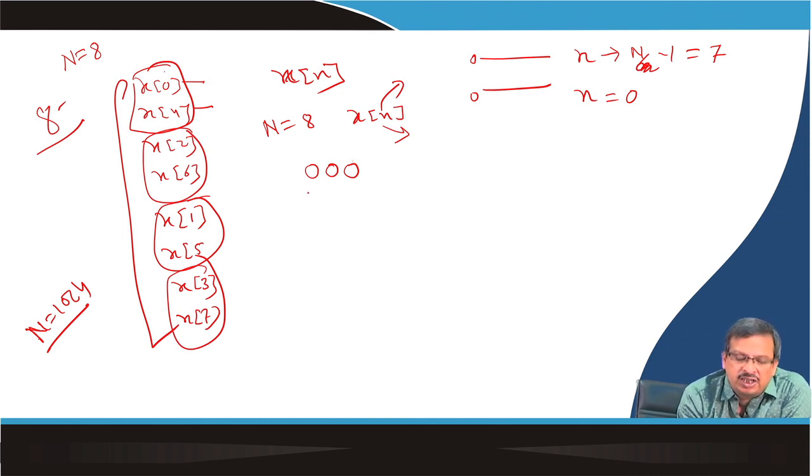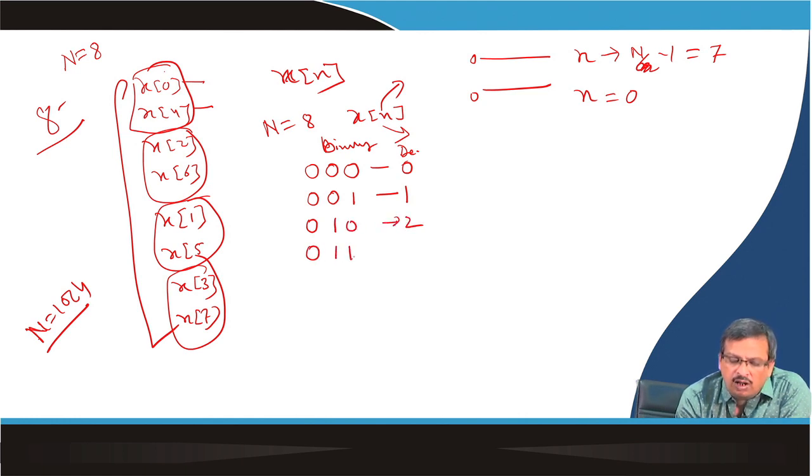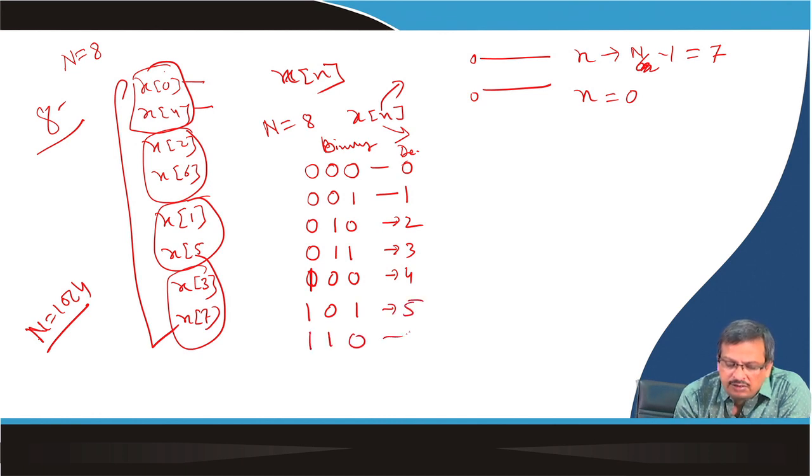So, 0 0 0, 0 0 1. This is decimal 0, and this is binary. Then 0 1 0 is 2, 0 1 1 is 3, 1 0 0 is 4, 1 0 1 is 5, 1 1 0 is 6, 1 1 1 is 7.